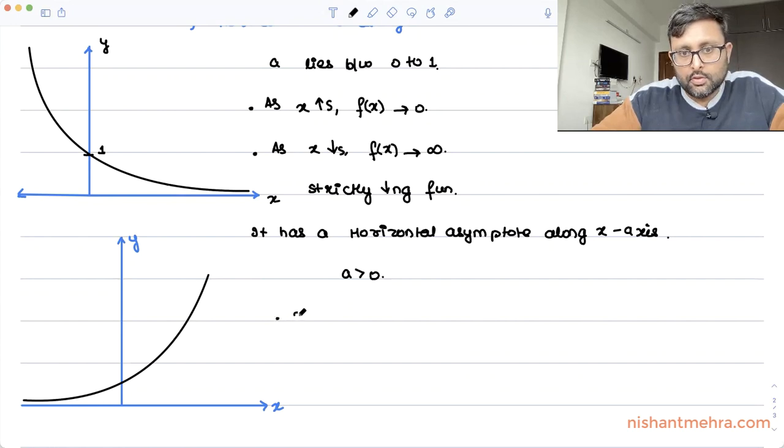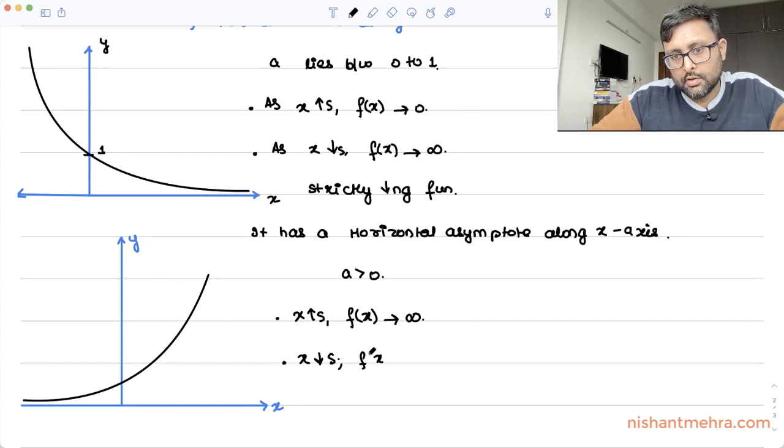So as x increases, f(x) goes towards infinity. As x decreases, f(x) goes towards 0. And it is a strictly increasing function.